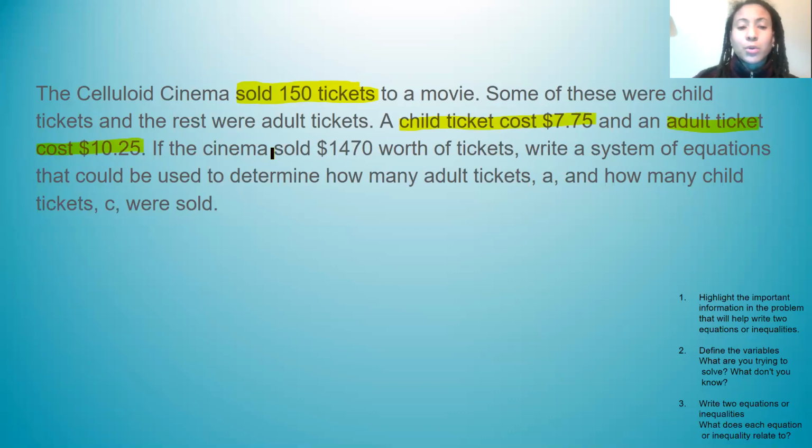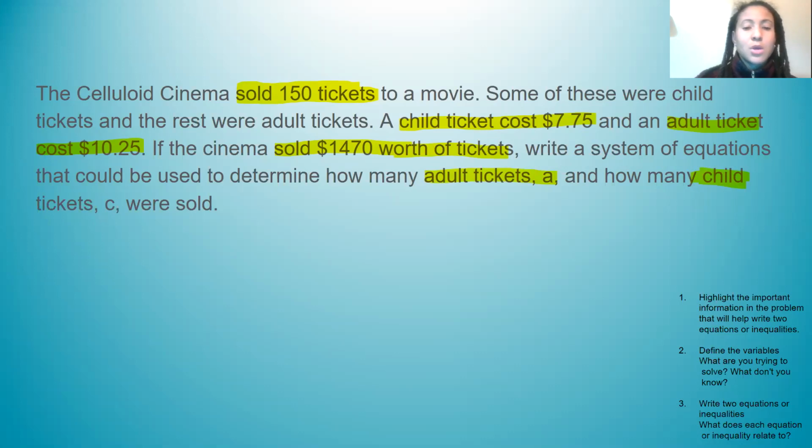We also know it sold $1,470 worth of tickets, all right? So now we want to write the system, and it also says adult tickets are represented by A, and child tickets are represented by C.